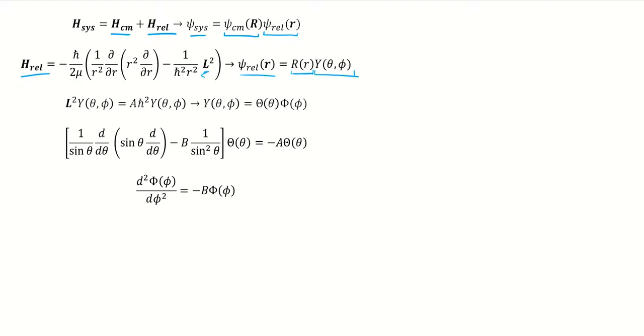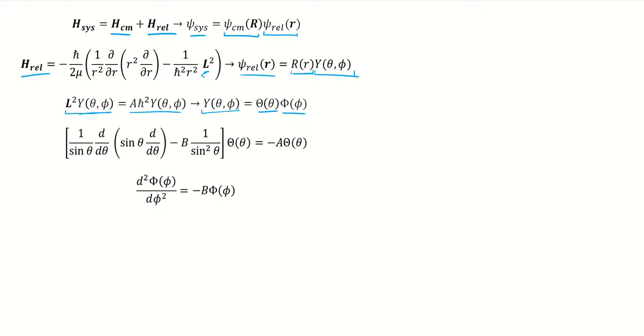With that, we realized that this angular part is an eigenfunction of our angular momentum operator. So we did separation of variables again in the last video, and that angular part can be written as two different functions, one theta that only depends on the polar angle theta, and one phi that only depends on the azimuthal angle phi.